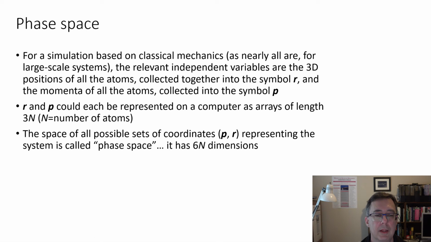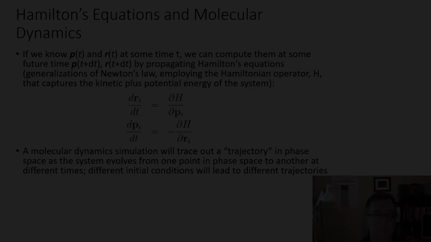And the space of all possible sets of those 6n coordinates, which we might denote as (P, R), is called phase space. So it's a 6n dimensional space, so it's kind of a high dimensional space.